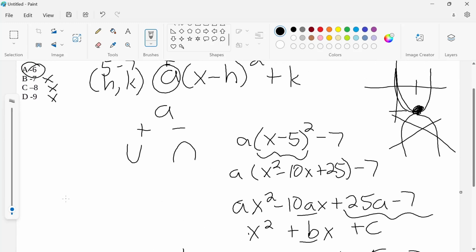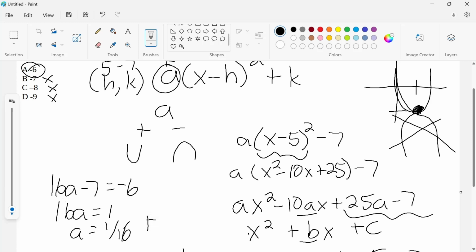And now, just to prove with negative 6, 16a minus 7 equals negative 6, 16a equals, add 7 to both sides, 1, a equals 1 over 16. Well, that's positive. So that's the right one. The answer is A, negative 6.